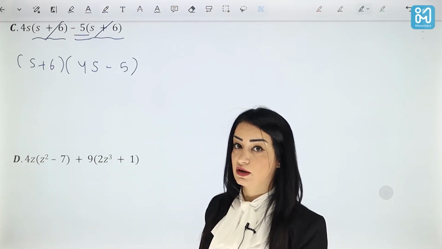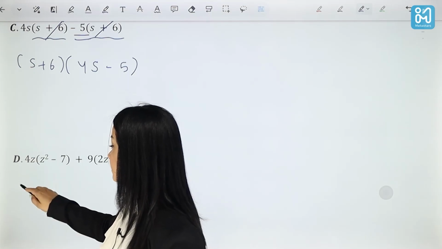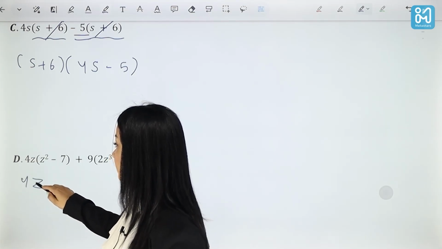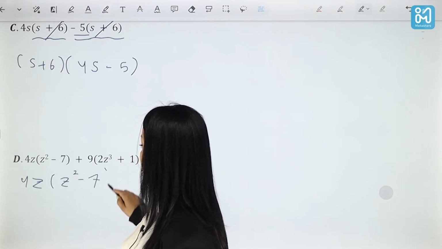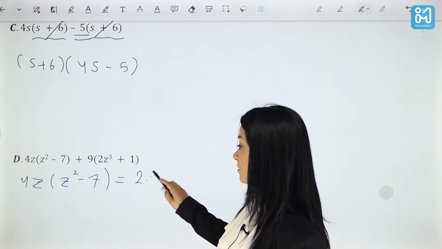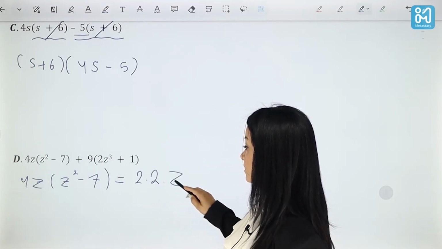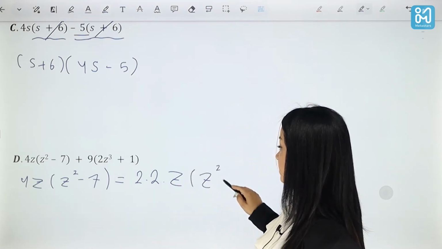Of course, they are also not the same. Let's write it as a prime factorization. So 4z times z squared minus 7 is equal to 2 times 2 times z times z squared minus 7.